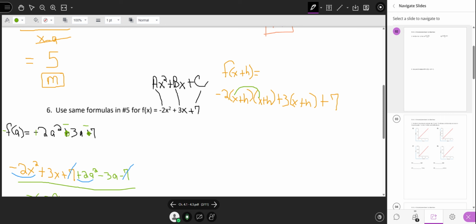And then we FOIL. And we distribute. Notice I'm just carrying the -2 for right now. And this is really big right here.